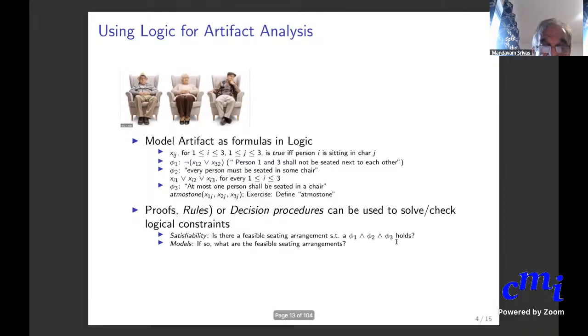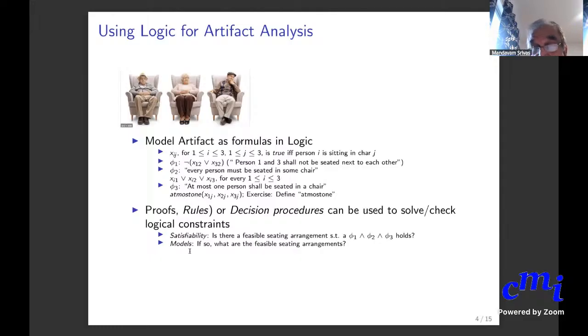Or if you want to generate one or more feasible seating arrangements, then you have to enumerate the different models.